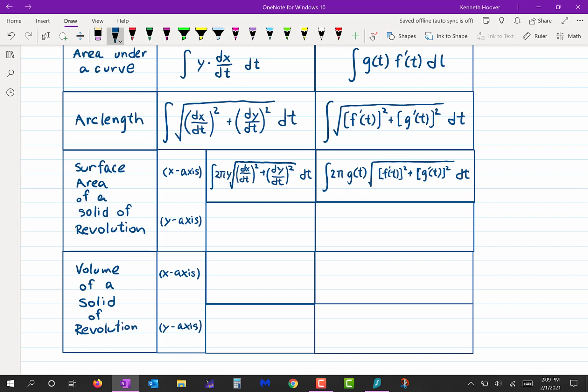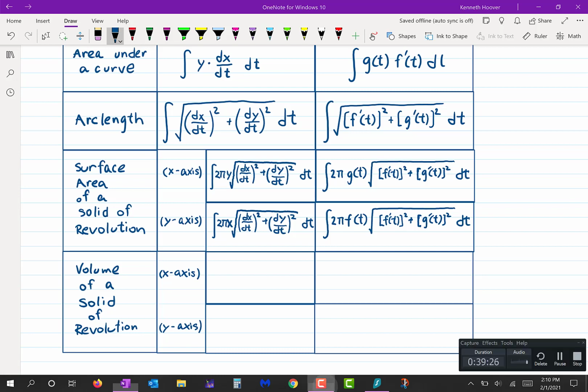For rotating about the y-axis, the only difference is changing the y to an x in Leibniz notation, and the g of t to an f of t in prime notation. And finally, the last thing we learned was calculating the volume of a solid of revolution.